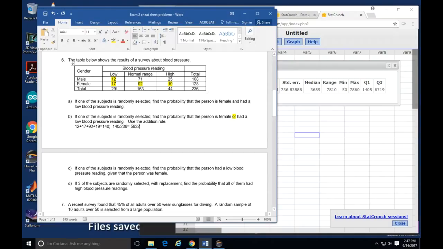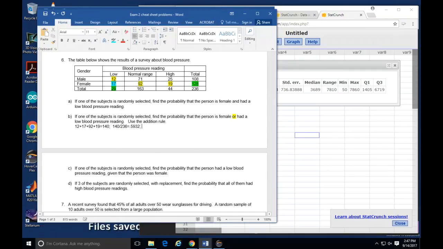Now, the other way we could do this is to just add the totals. So we could take this total for the low blood pressure, and we could take the total for the females. Now, if we add those two together, we're actually adding in this set of females twice. So we'd have to subtract it back out.